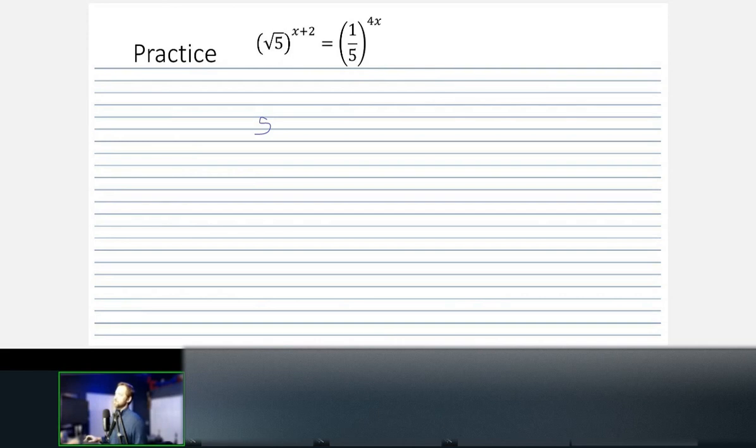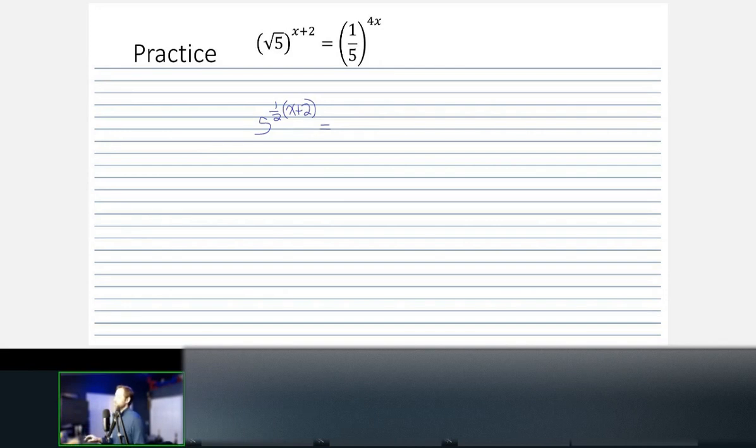Yeah, 5 to the 1/2 power. If that was a cube root of 5, it would be 5 to the 1/3 power. If that was a fourth root of 5, it'd be 5 to the 1/4 power. And don't forget, we already have the exponent of x plus 2. So we're just going to multiply that 1/2 times what's already there.